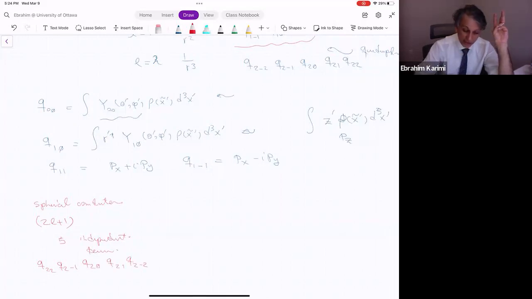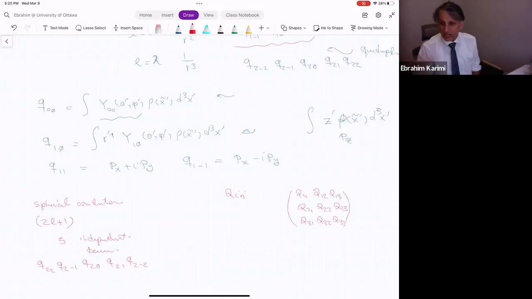If you look at the Cartesian coordinates, we had Qij, right? I changes from 1 to 3, and J changes from 1 to 3. So essentially I end up with a 3 by 3 tensor: Q11, Q12, Q13, Q21, Q22, Q23, Q31, Q32, Q33.